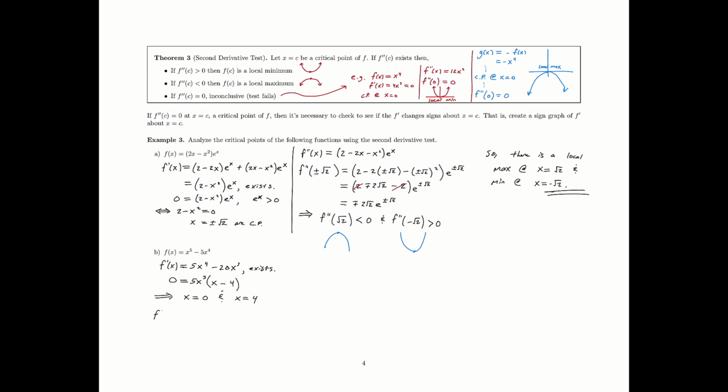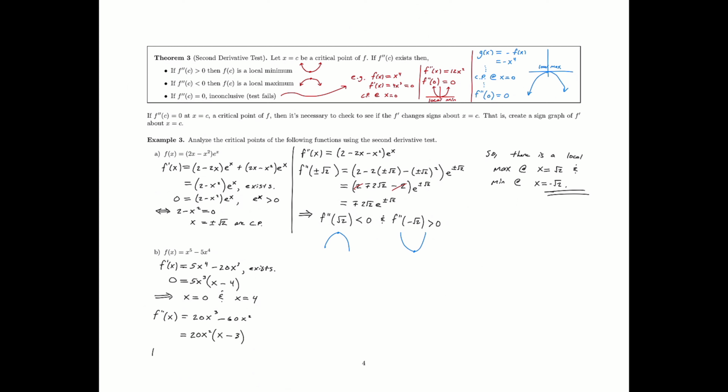So we'll take our second derivative, which is 20x cubed minus 60x squared. Again, this exists, but we're not solving this for 0, so that doesn't matter. We're really just going to need to plug these values in to here. So the easiest way to do this, I think, is to simplify this. So factor out a 20x squared, and we'll be left with x minus 3.